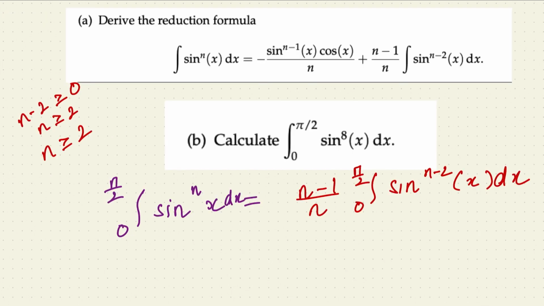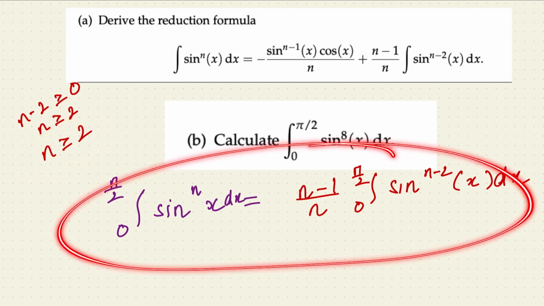So that's it for this video. Again, the main takeaway from this video is, whenever you are calculating the definite integral from x equals 0 to pi by 2 of the form sine to the power nx dx, where your n is greater than or equal to 2, you can always use this formula.